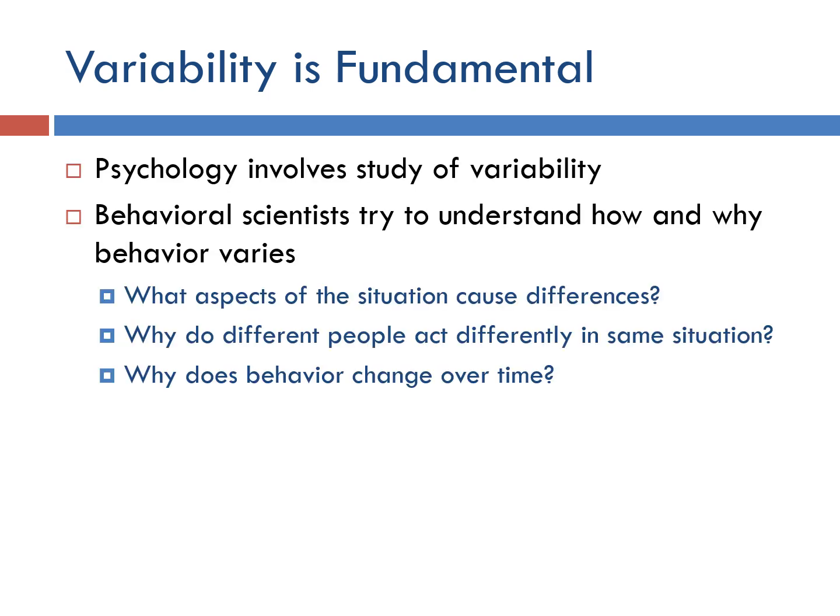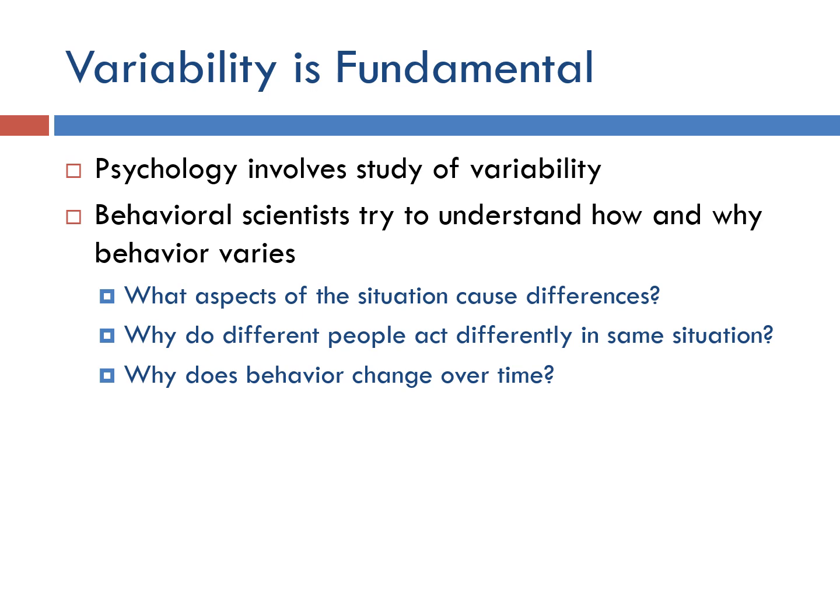Psychologists and behavioral scientists in general are trying to study that variability in order to understand how and why there is this variation. So, for instance, what aspects of the situation cause the differences? Are the same people different in different situations? Or vice versa, do different people act differently in similar situations? Is there something between people that matters?